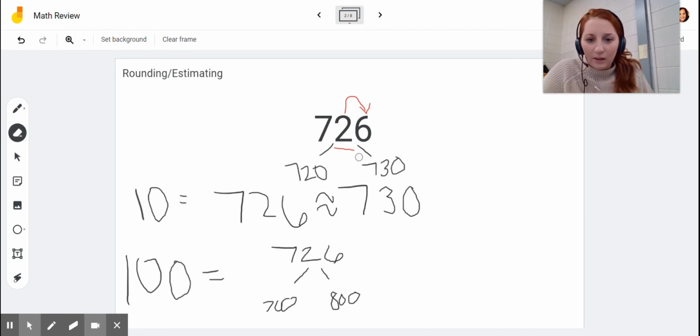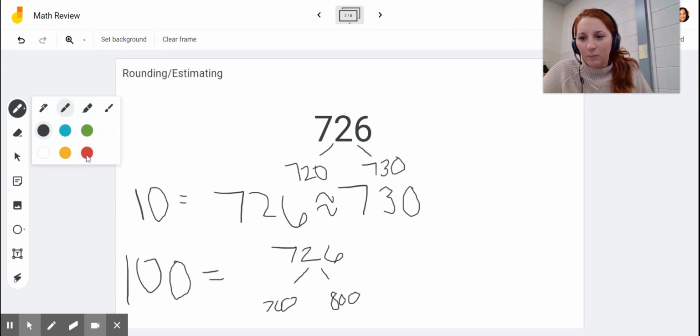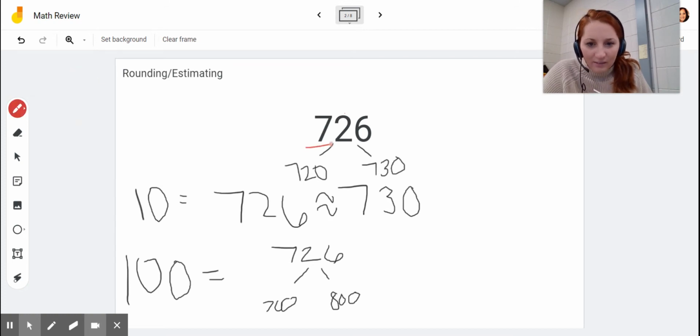Well, let's underline our number in the 100 spot. Our number in the 100 spot is the 7. Remember, we draw an arrow just to the number to the right of it. The 1 spot does not matter. All that matters is this 2 right here.